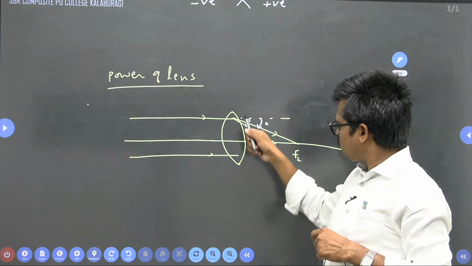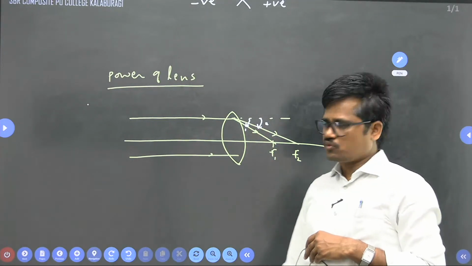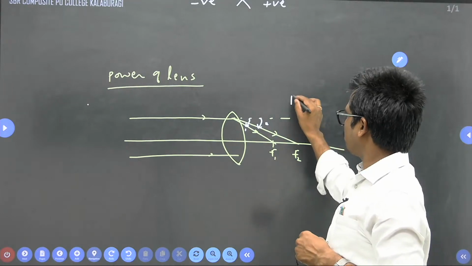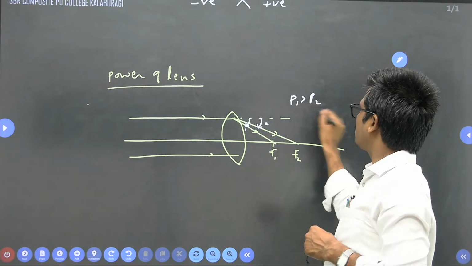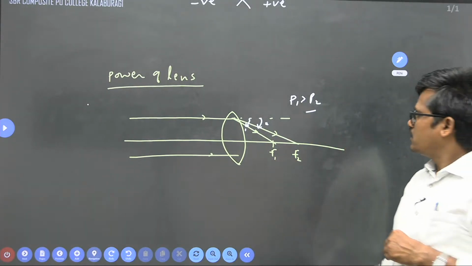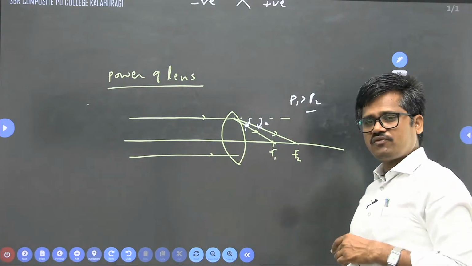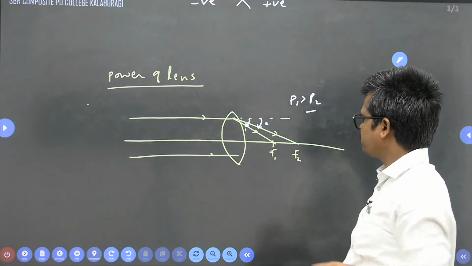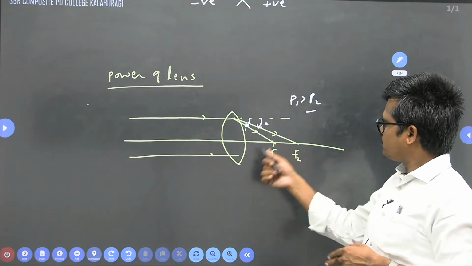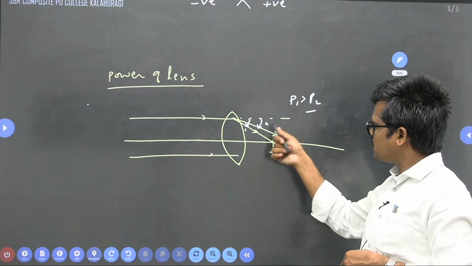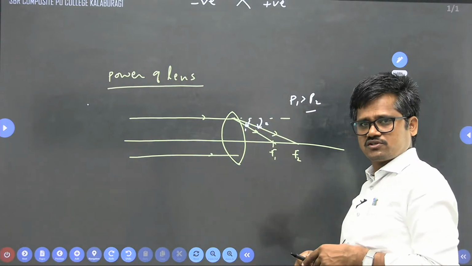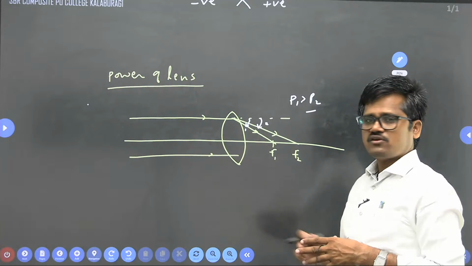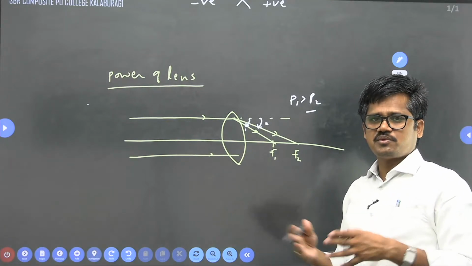So for lens 1, the bending ability is more. For lens 2, the bending ability of light is less. So the power of lens 1 is greater than the power of lens 2. Got my point? If it is a converging lens, with respect to the incident ray, the more it has converged towards the principal axis, the more we can say its power is.